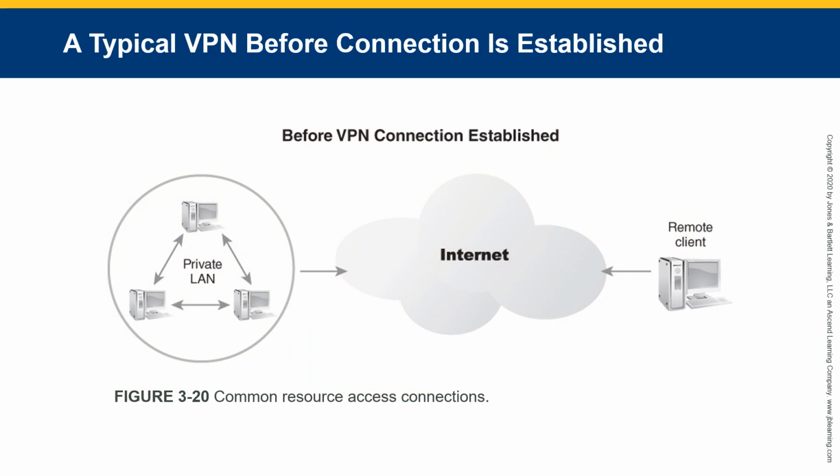So here is a thing before the internet connected. We had resources connected to the internet, and a remote client, and they were like, I can see you, but I can't get into my internal stuff. How do I do that?